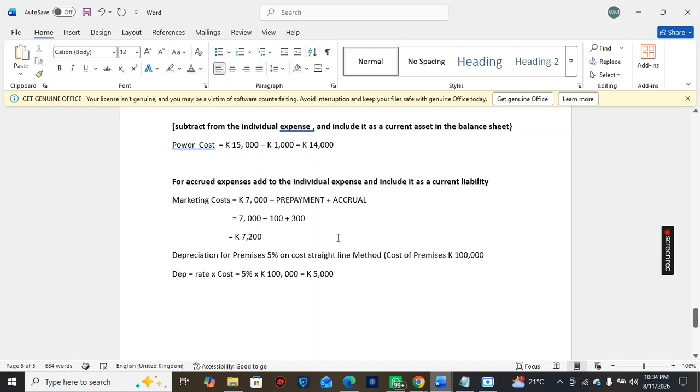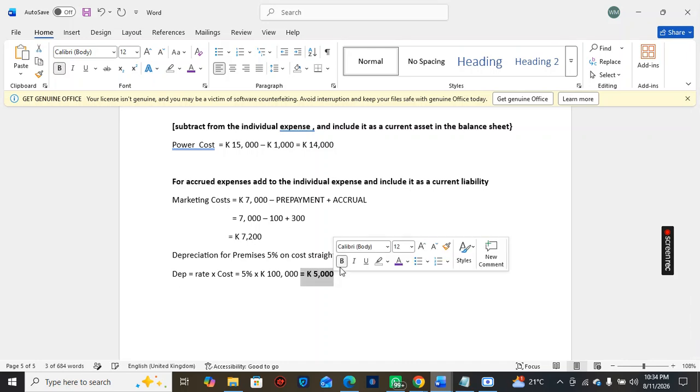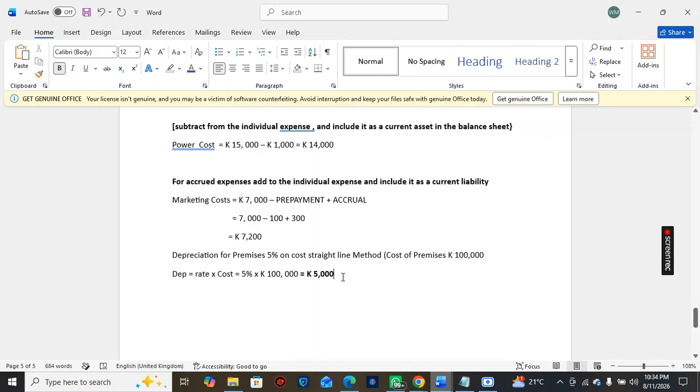for premises. Now, another note you need to remember, because most of these adjustments, they're not only affecting the statement of profit or loss, they're also affecting the balance sheet. So depreciation, how we record it every year. According to the double entry rules, remember, whenever you incur an expense, debit, so you debit depreciation expense, 5,000.